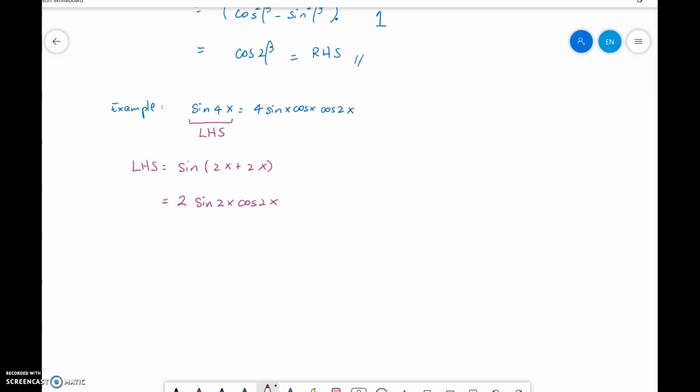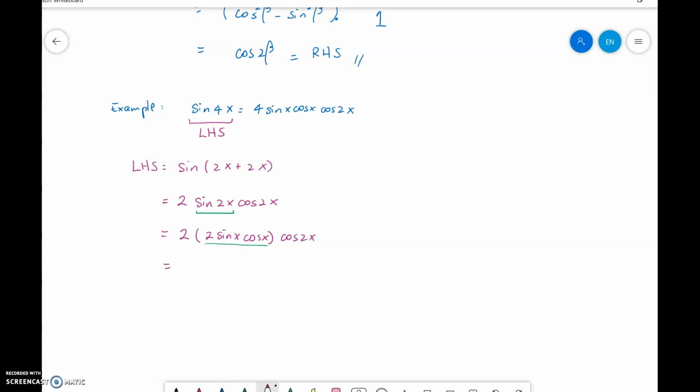Looking at my right hand side, I have the cosine of 2x, so I'm going to keep my cosine of 2x. My next step, I'm going to break my sine of 2x again. So I will have 2 times sine of x cosine of x, and copy down the 2 and the cosine of 2x.